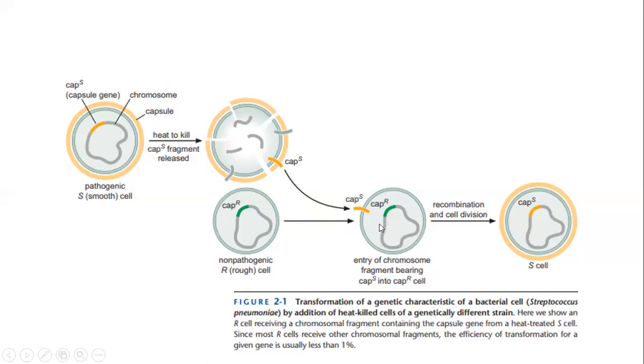After that, it undergoes recombination and cell division to form smooth cells again, the pathogenic strains of Streptococcus pneumoniae.